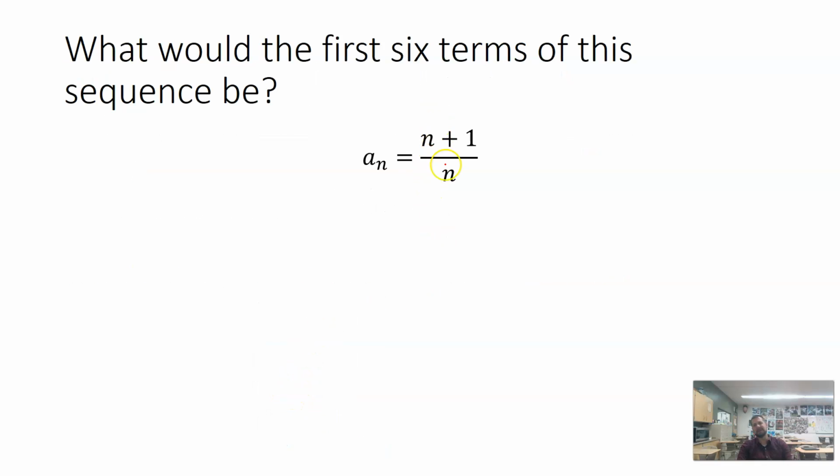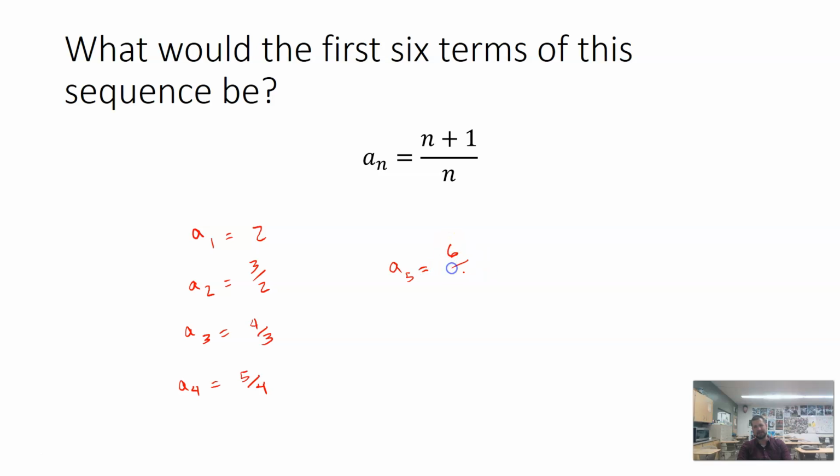So if I wanted to know the first 6 terms of this sequence, I would just say a sub 1. That would tell me that I'm plugging 1 in, and I would get 2, or 1 plus 1 over 1 is 2. Then I get a sub 2, and we just plug in 2, 3 over 2. Then a sub 3 would be 4 over 3, a sub 4. You can see this real quick. All we're doing is plugging numbers in for n.